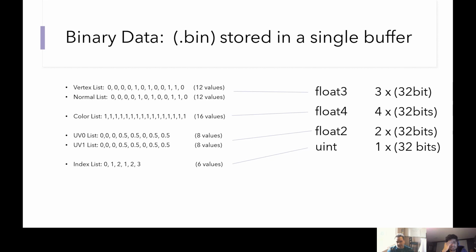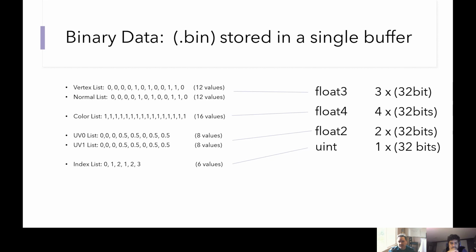So in the case of 4 vertices, we have 12 values, 3 floats representing an XYZ coordinate, and knowing that each one of those floats is 32 bits, we can calculate that each value is going to be three 32-bit chunks, and in this case there's a total of 12.